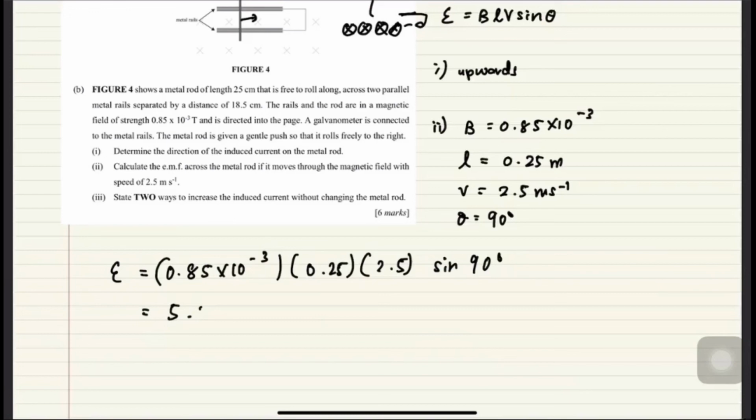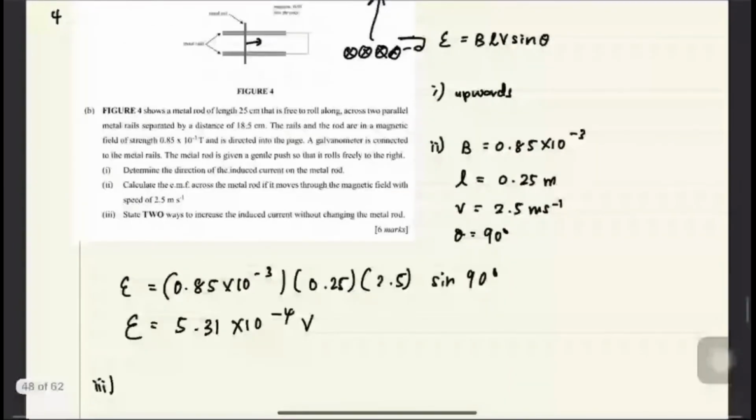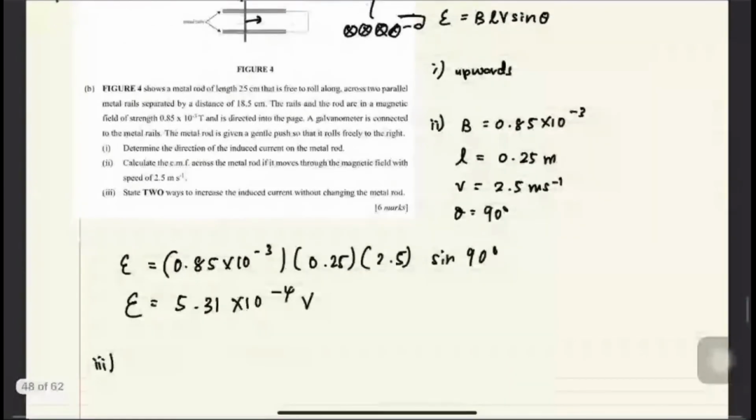Okay, last question for this one, question number 3. State 2 ways to increase the induced current without changing the metal rod. Obviously you have to use this equation, so any quantity that changes over here will result in an increase in EMF. If you want to increase the length, basically you change the rod, so that one cannot.